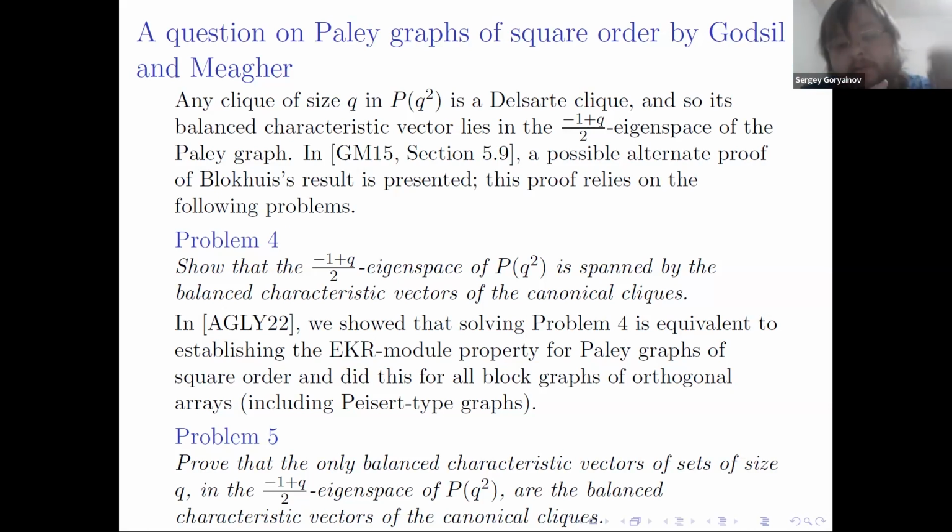These two problems are formulated in the language of vector spaces. Godsil and Meagher in their book suggest algebraic approaches to the Erdős-Ko-Rado theorem. This means that they would like to formulate Erdős-Ko-Rado theorems and try to prove them in terms of some algebraic notions.